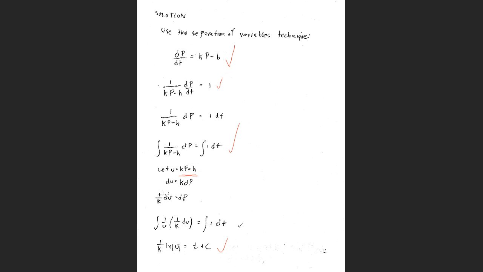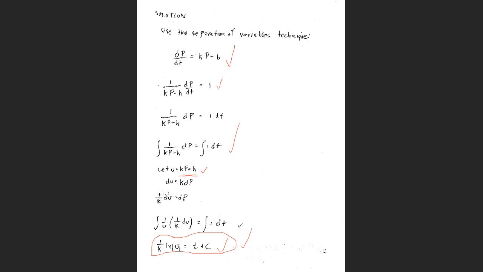It says in the example, determine how to solve the differential equation. So I'm giving you steps on how to solve it. You're going to get down to here, and then you're going to multiply both sides through by that little constant k, and then you'll exponentiate both sides to isolate the absolute value of u, and then you'll substitute the u in, the kP minus h.